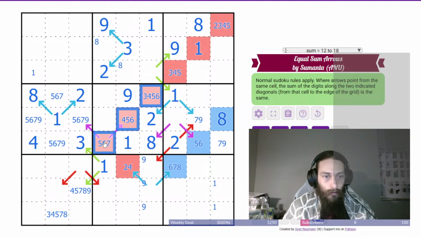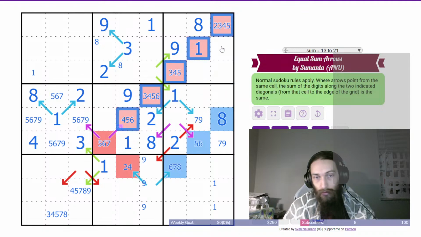Because if this is 8, then this must be minimized. But if this were 6, then this would be 9, because you'd have to place the 3. This would have to be a 3. And 9 and 6 is 15.